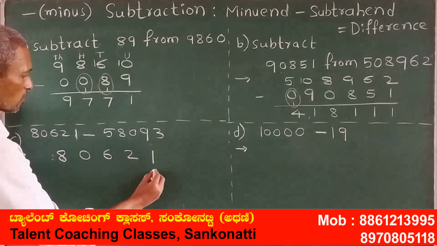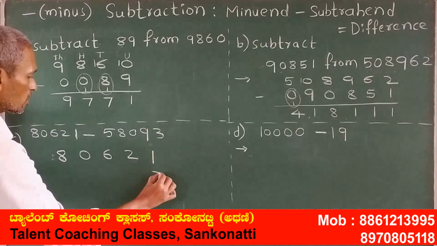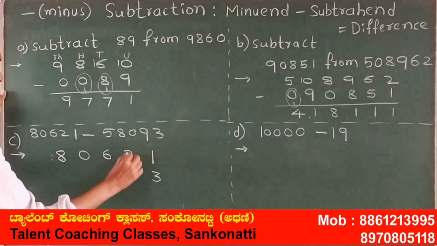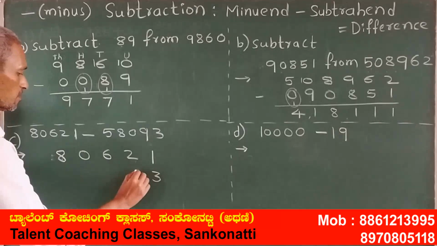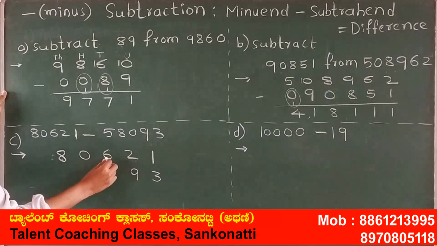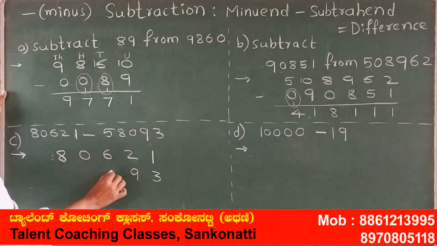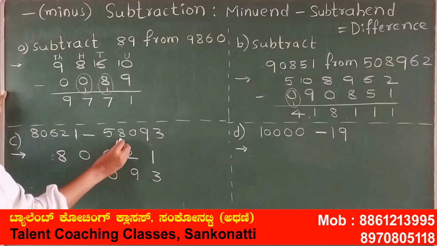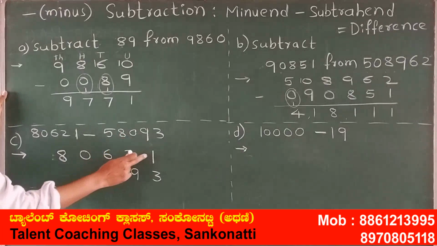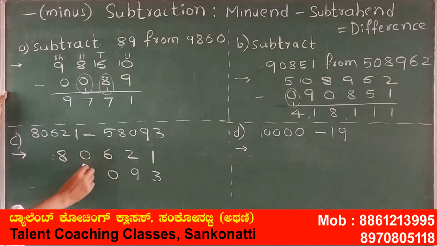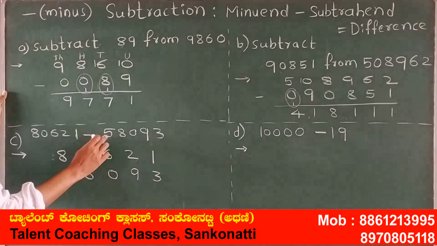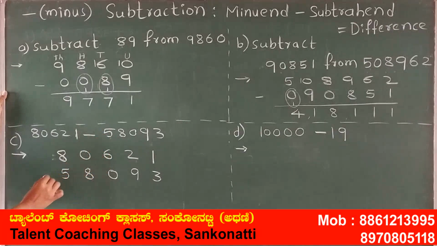We write the unit place below the unit, the 10th place below the 10th place, then 9 in the 100 place, 0 below the 100 place, and 8 in the 1000 place. We'll write 1000 below the 1000 and 10,000 below the 10,000.